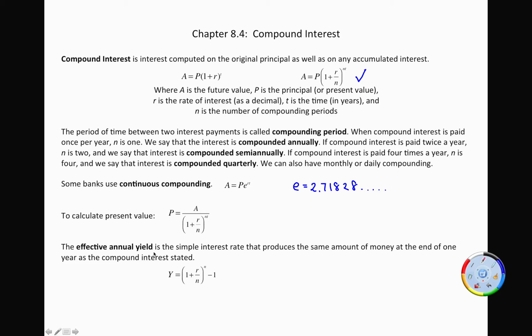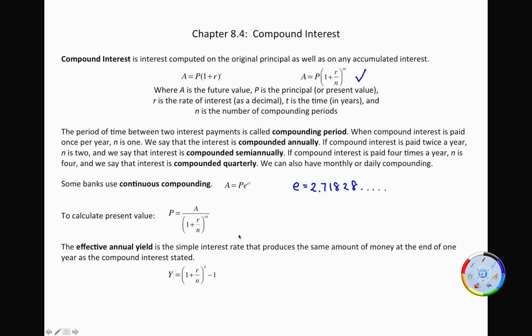The effective annual yield is telling us what the actual simple interest rate is that produces the same amount of money at the end of 1 year as the compound interest stated. So we need to know the effective annual yield when we're comparing two or more possible sources for our investment, right? Sometimes we might have an investment that pays a little more interest, but another investment has more compounding periods.